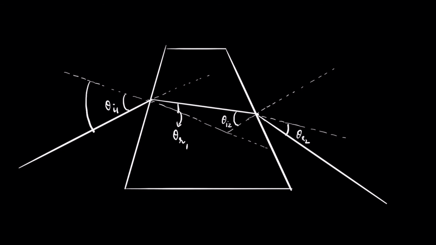So we use this angle, the incidence angle, and this angle here, the larger angle, is called theta E. So remember that theta I represents the incident angle. Theta E here represents the emergent angle.